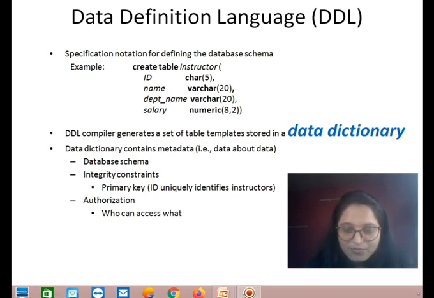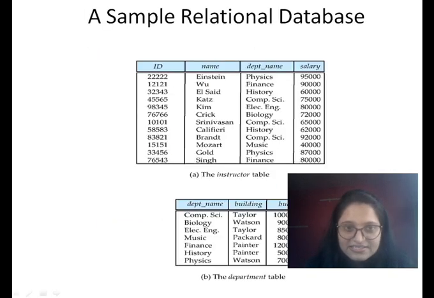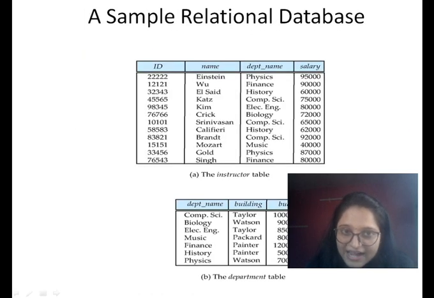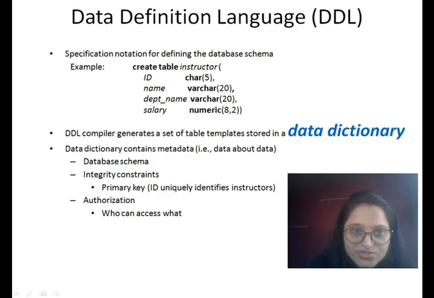Now, suppose I want to create this table in my relational data model. First, I use a DDL command, create table instructor, having 4 columns: ID, name, department name and salary. So using this DDL command, I create a schema.